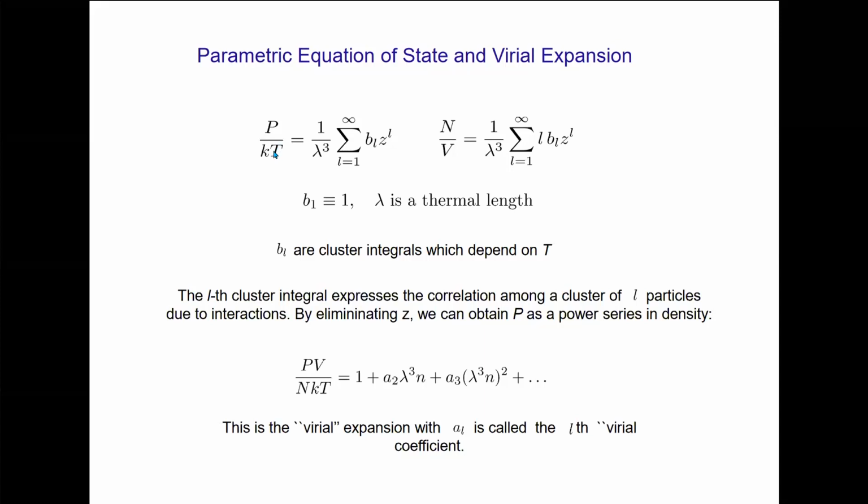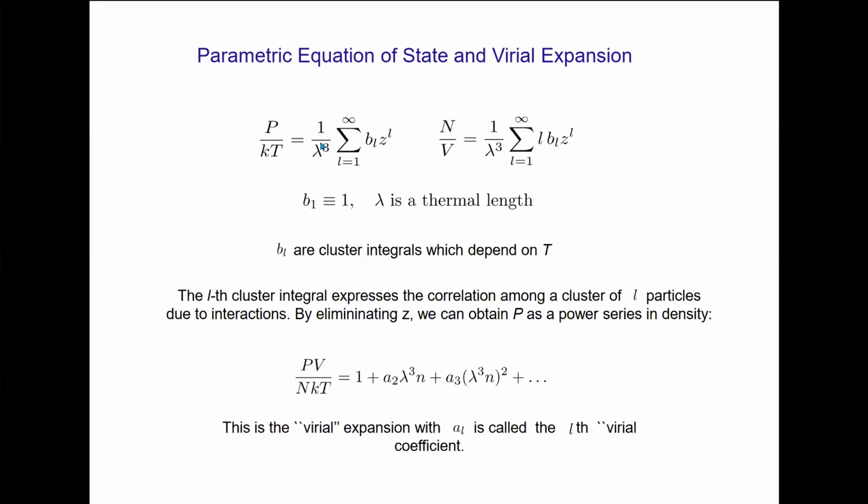So P over kT, if we expand it in a series of fugacity, and this is a typical expression, then we expect a Taylor series in powers of z, starting from the term z plus z squared with some coefficients. And then this should be an intensive quantity, but there was a volume there.